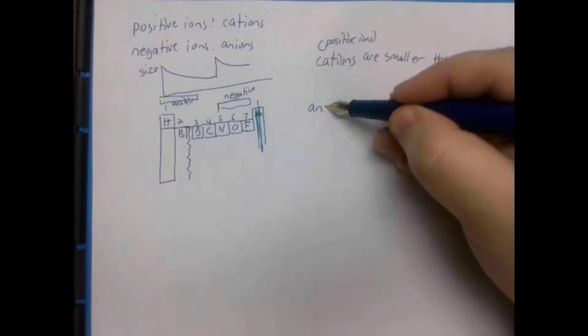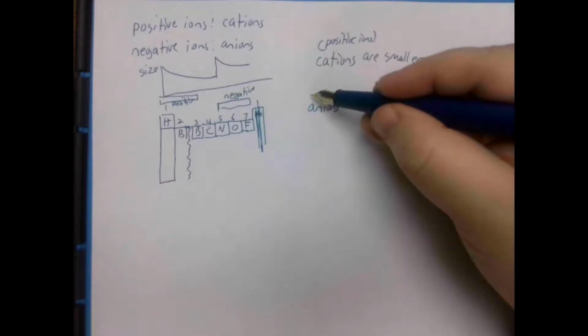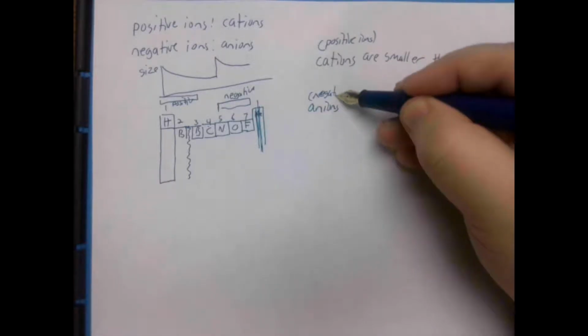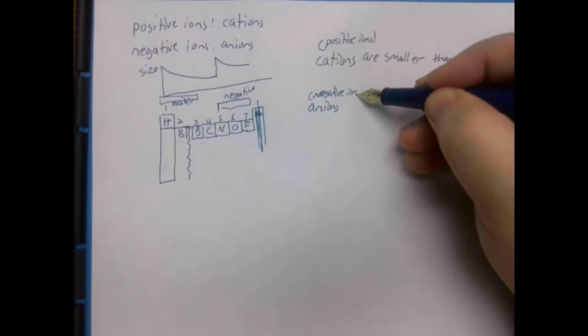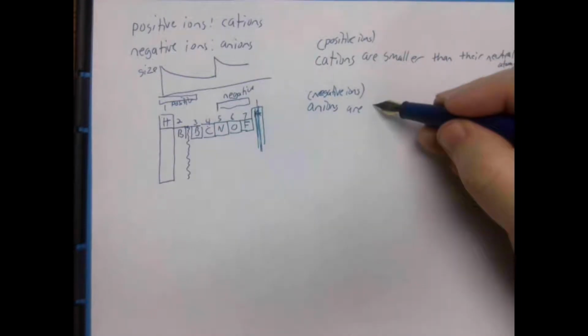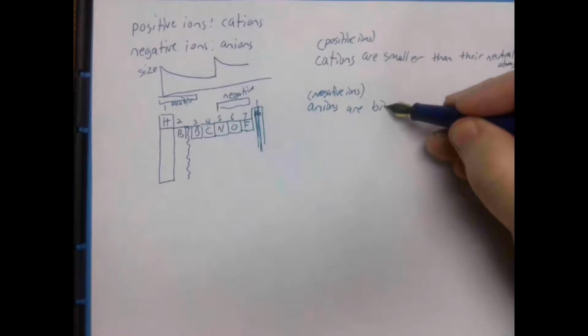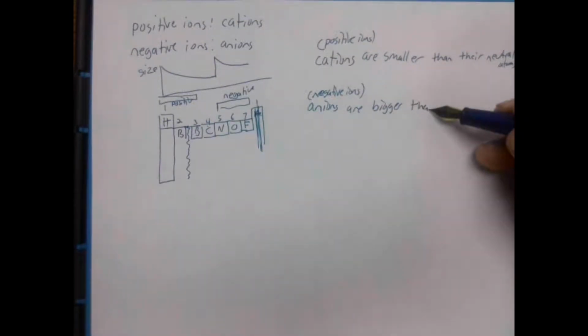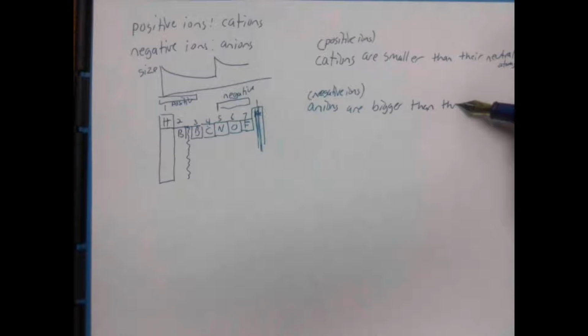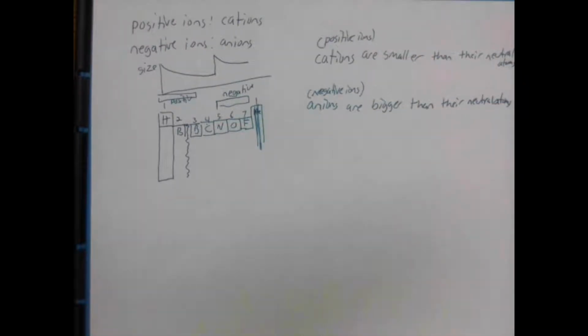And anions, which are the negative ions, are bigger than their neutral atoms. That's the only thing you have to remember about the trend in ion size.